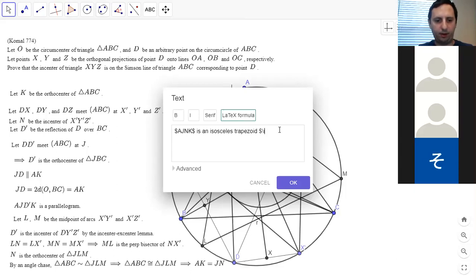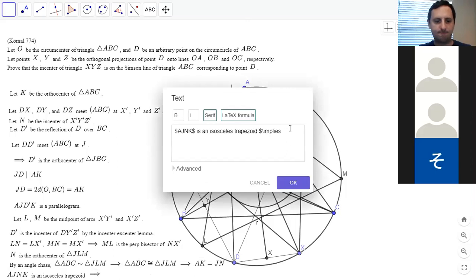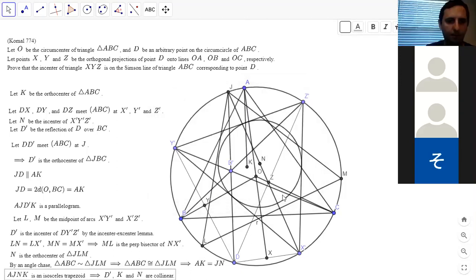And that means that D prime, K, and N are collinear, because we knew that that was a parallelogram up here.